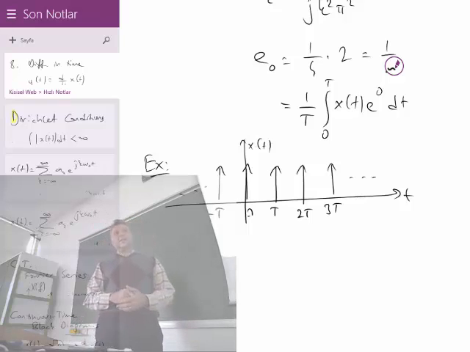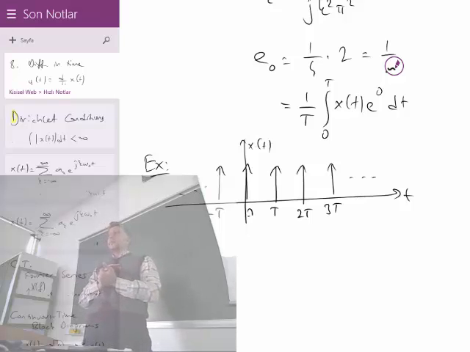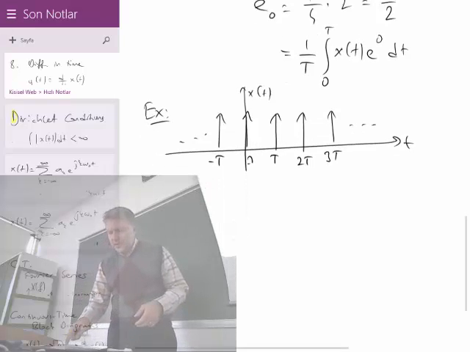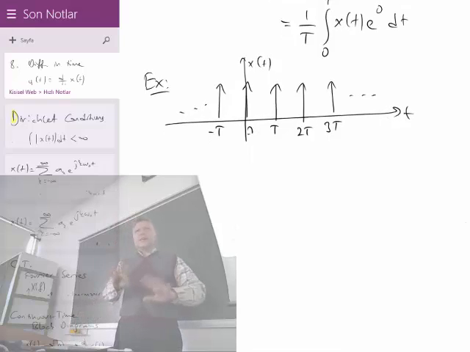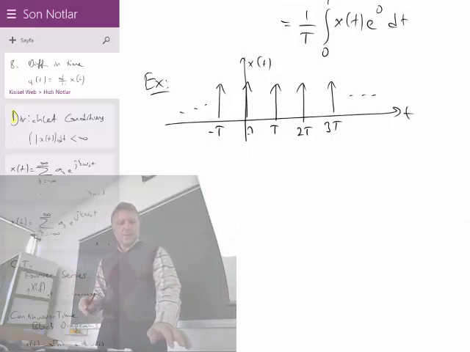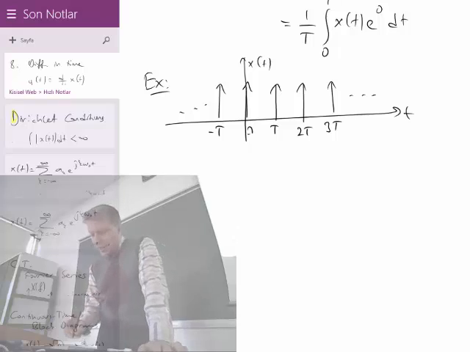It's an interesting signal, but yet it is periodic. Therefore, it must have Fourier series coefficients. First, let's not do anything about that. Let's find the Fourier series coefficients of this impulse train.